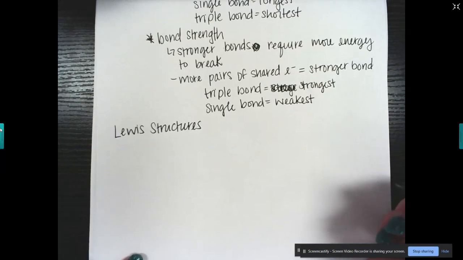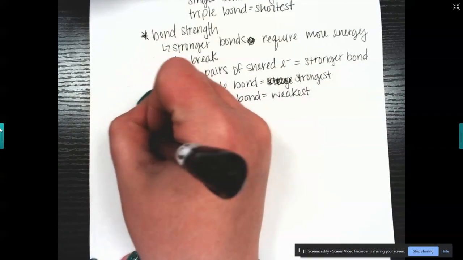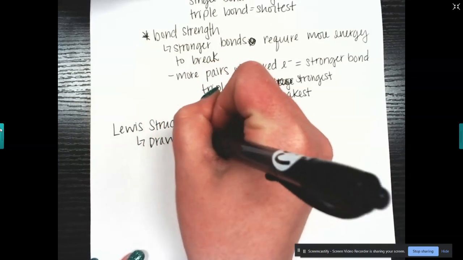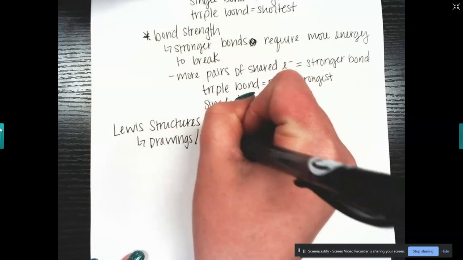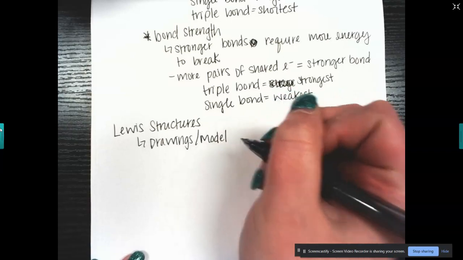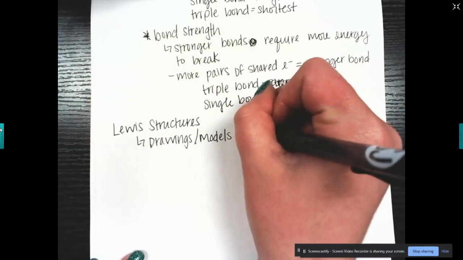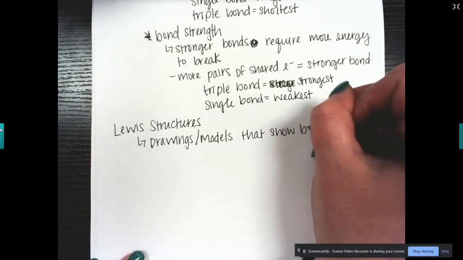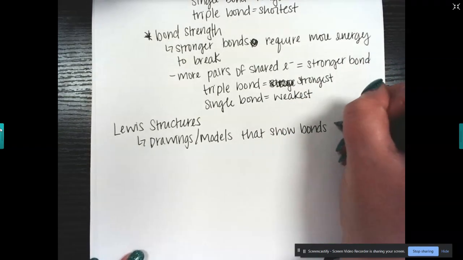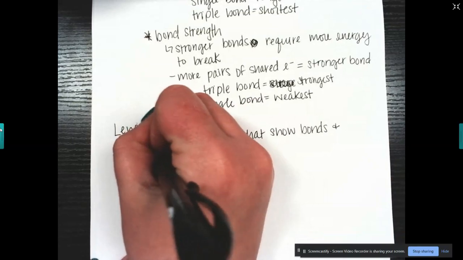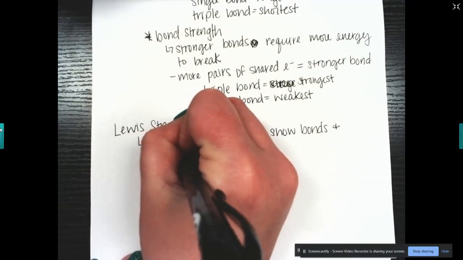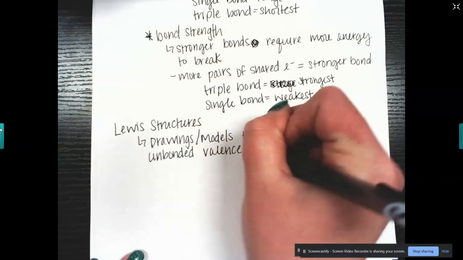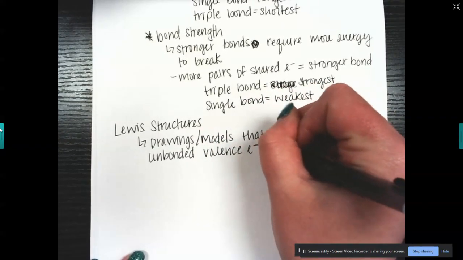All right, and Lewis structures are drawings, and we refer to them as models, even though they're not 3-dimensional models you can hold in your hand, that show the bonds and unbonded valence electrons in a molecule.